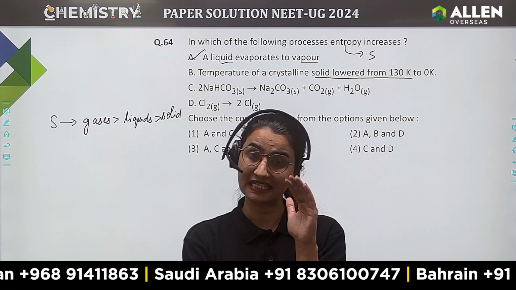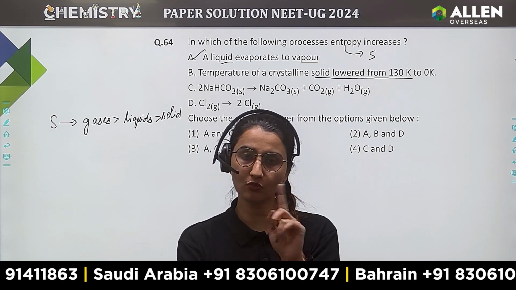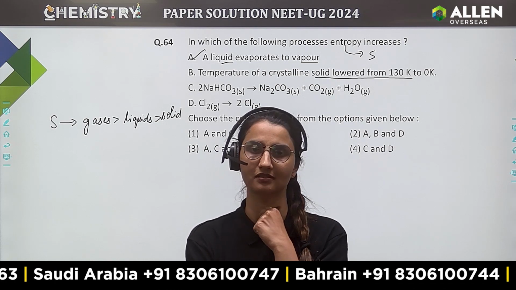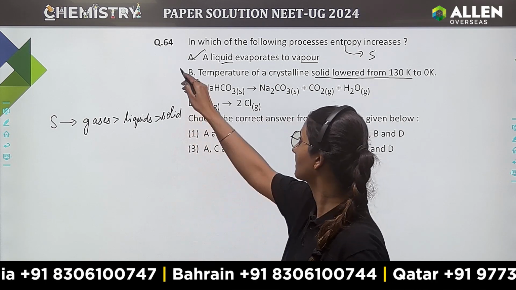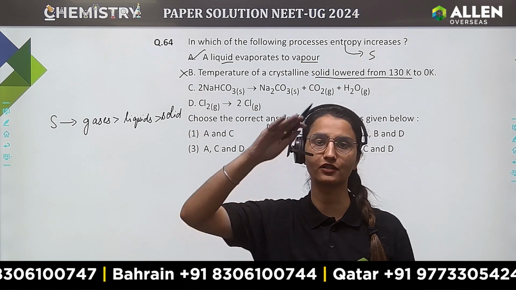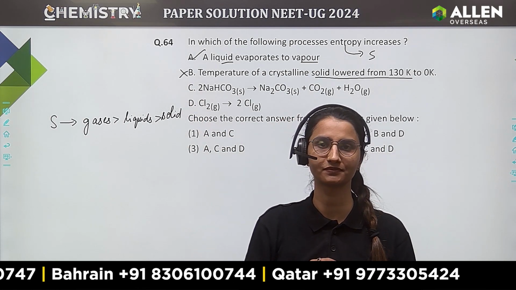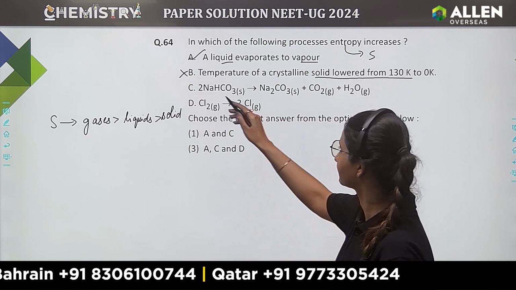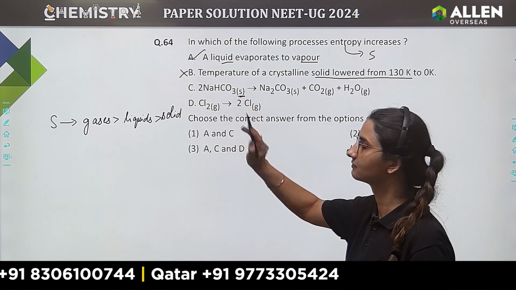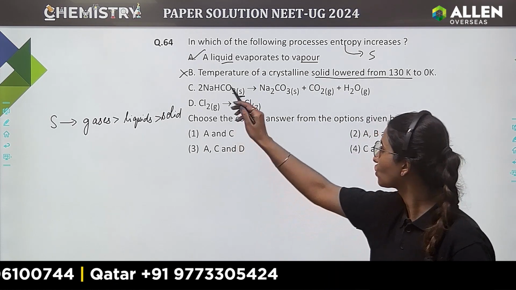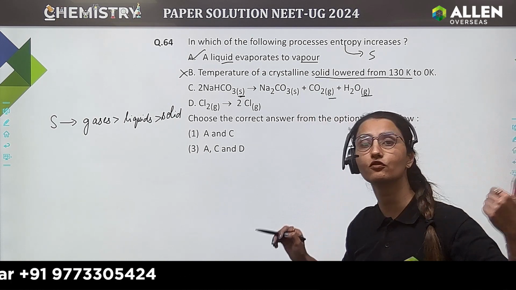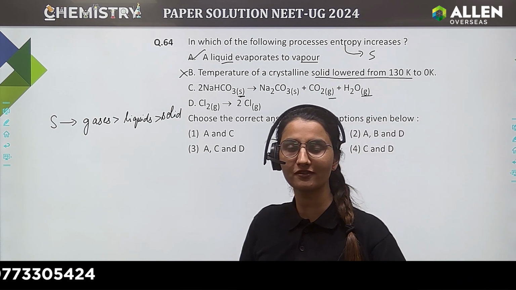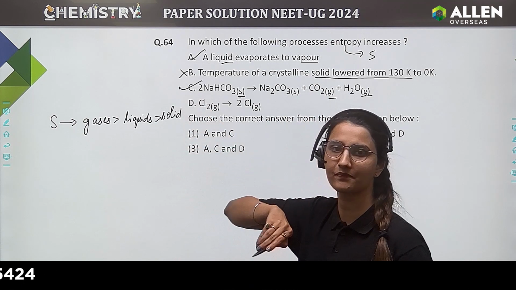But when we decrease temperature, movement of molecules also decreases and entropy decreases. So in this case, when we are lowering temperature, entropy decreases. Third, here it is solid. Solid is giving gas, more gas formed. So obviously entropy will increase.